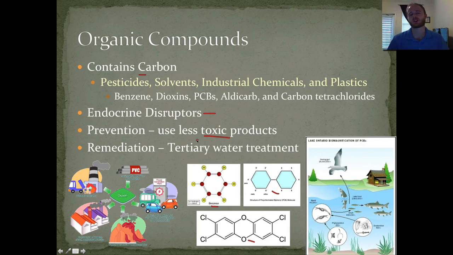So if you see a cleaning product, and it says non-toxic, that would help. And remediation, so it's already in there, how are we going to clean it up? Tertiary water treatment is one where you add more chemicals to clean up the chemicals, which we'll talk about more when we get into sewage treatment.